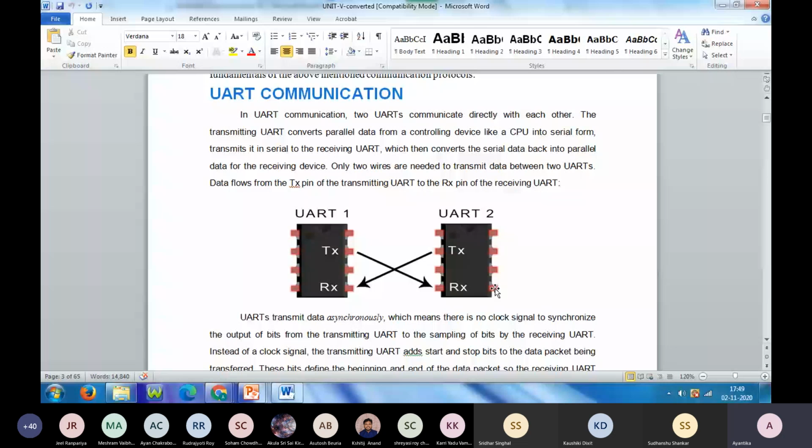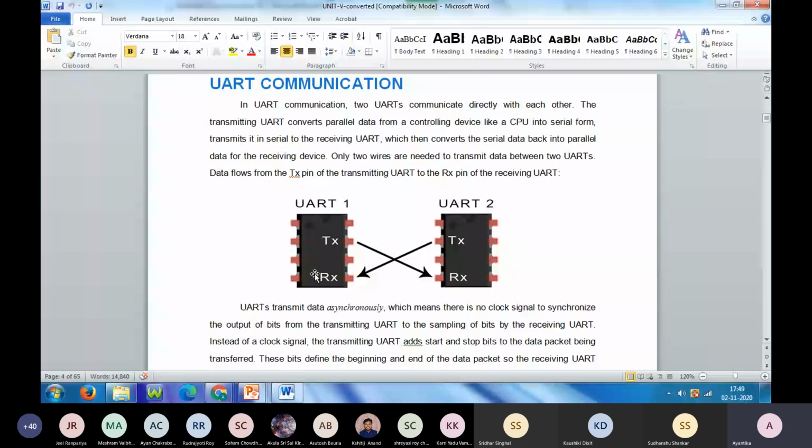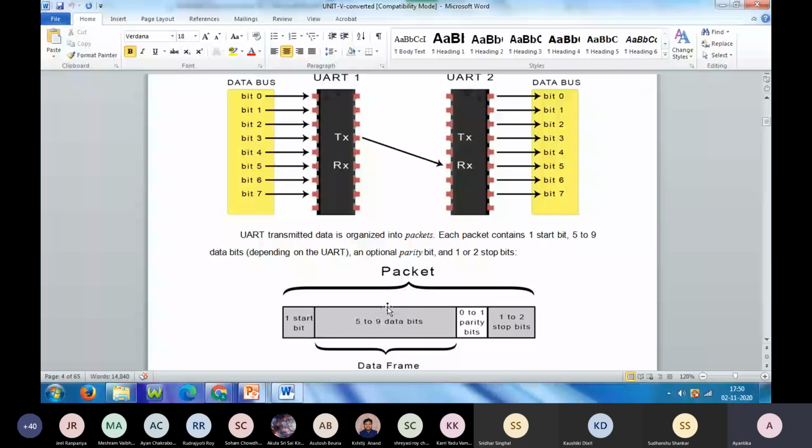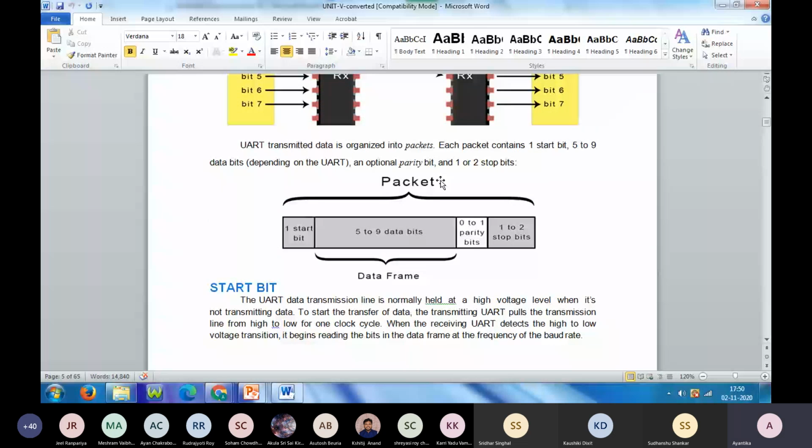For example, one type of communication is UART, where one transmitter and one receiver communicate directly. From this you can understand how UART works. You can see the packets, the data streams the transmitter sends to the receiver, are quite simple: just one start bit, and one or two stop bits.